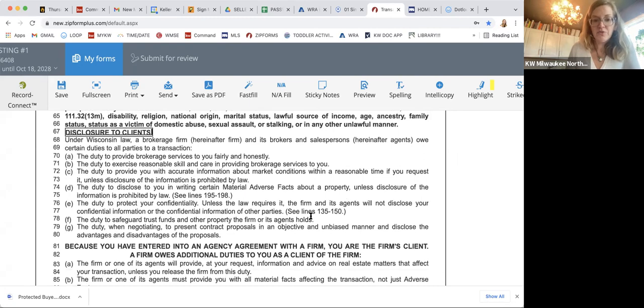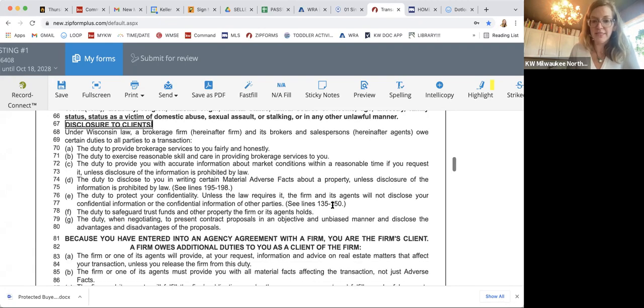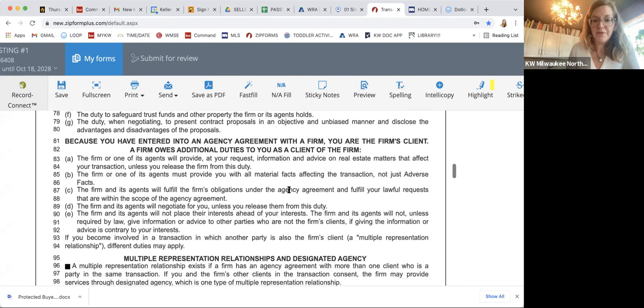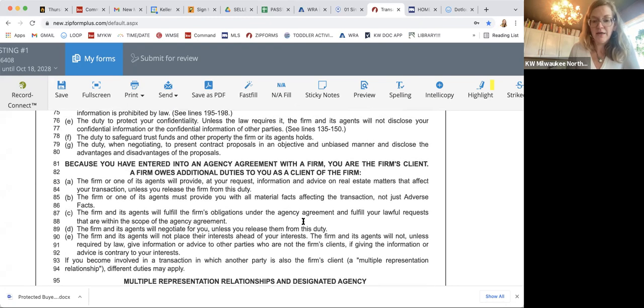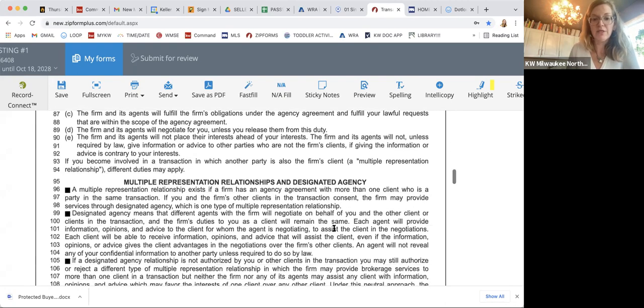Now we get into the disclosure to clients and the duties that are owed to all parties in a transaction. Then we get into duties that are owed to a client of the firm, which are expanded upon from the duties that we owe to customers.